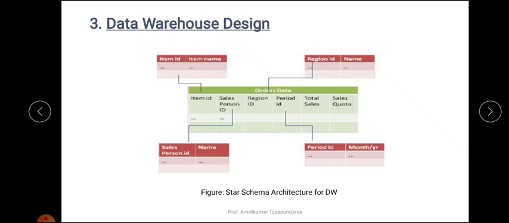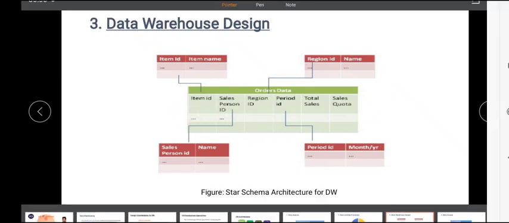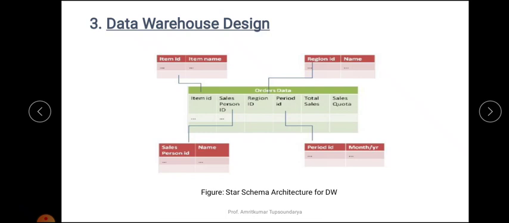For example, just to give an analogy, the central table here may use digits or values to represent a sales problem. So you can see here item ID, salesperson ID, region ID, then period ID, then total sales and sales quota.